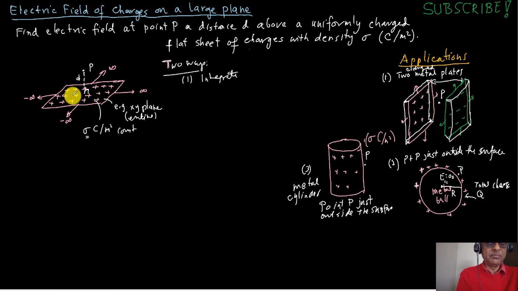Because this is going to infinity in every direction, we can do this integration so imagine a ring. Imagine a ring, and this ring is at radius r, and this thickness is dr. So this ring has area 2 pi r dr, right?